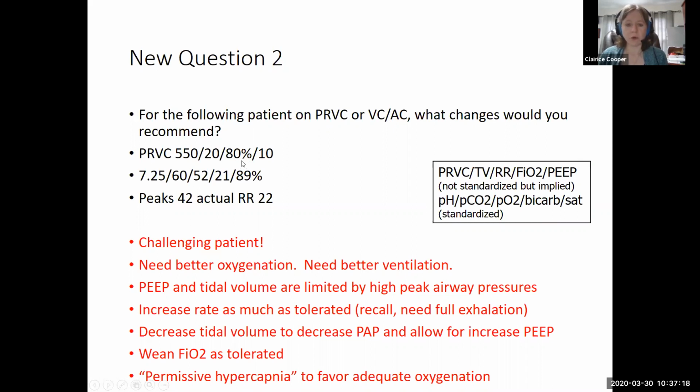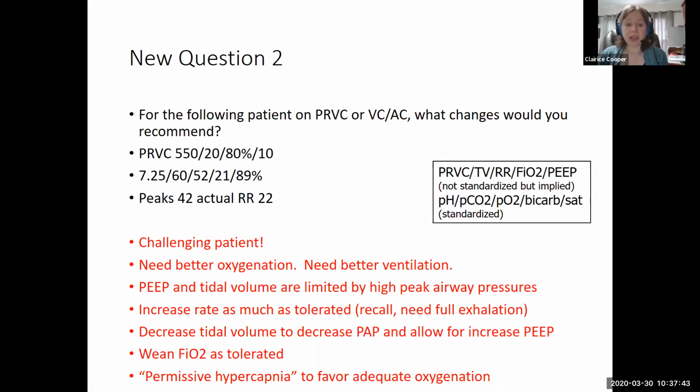In these very difficult patients, even 5% can sometimes be aggressive and tip them over. So I would go very gradually down on the FiO2 in increments of 5% after increasing the PEEP and decreasing the tidal volume with the goals of decreasing the peak airway pressures.